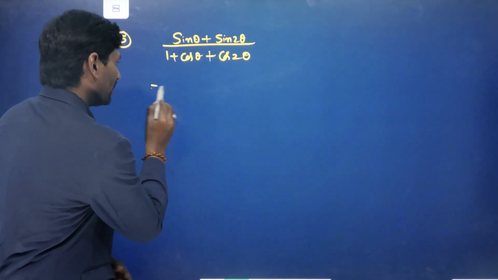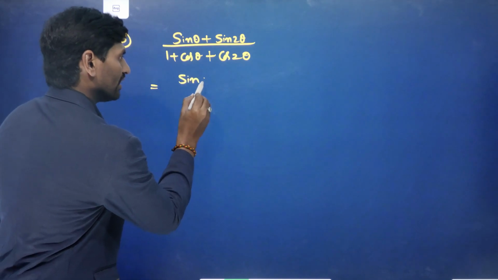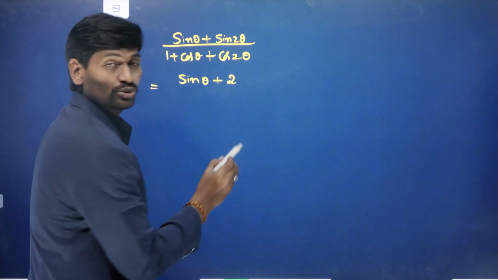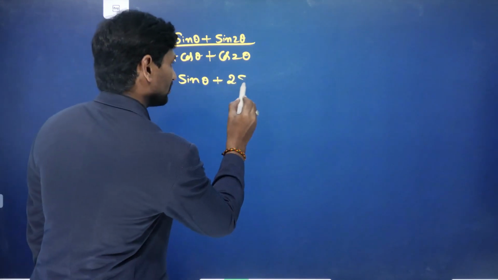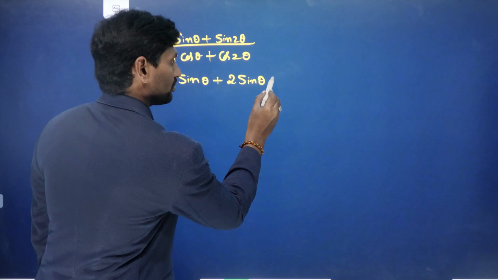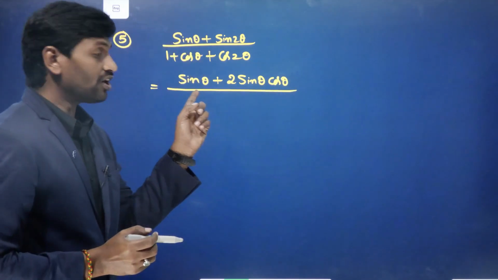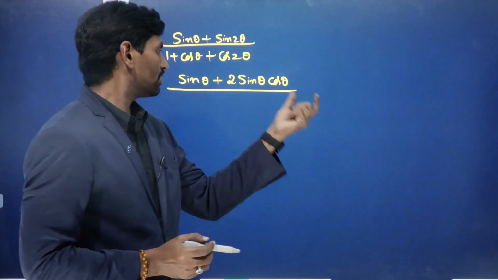Now what is the sin 2 theta formula? We know the well known formula, that is 2 sin theta cos theta. Sin 2 theta formula, 2 sin theta cos theta.